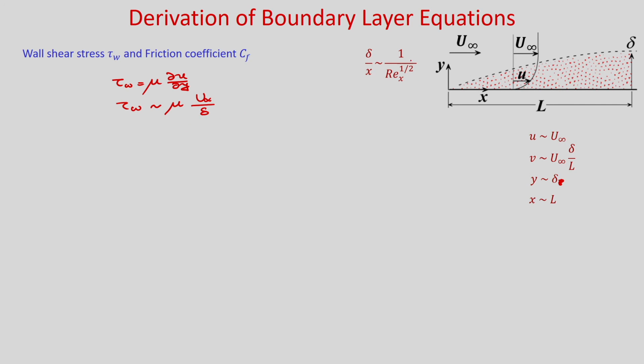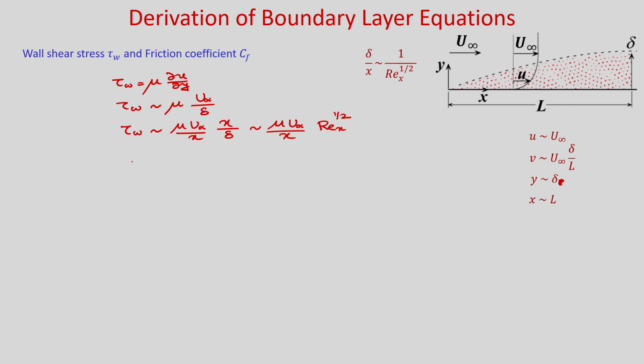And we know that delta by x is 1 by root Re_x. So, tau w will be of the order of mu u infinity by x, times x by delta. So, you can write mu u infinity by x and x by delta is Re_x to the power half. And we know that friction coefficient C_f is tau w by half rho u infinity square.